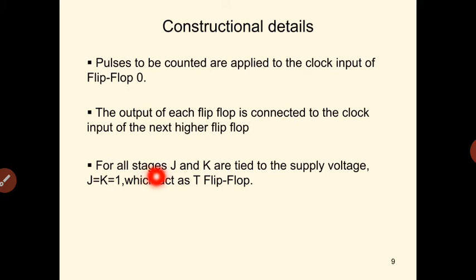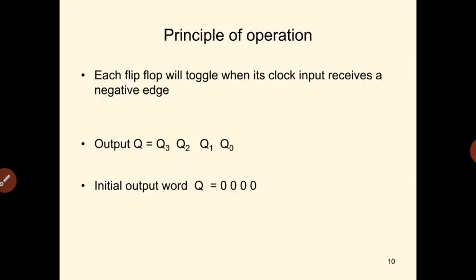For all stages, J and K are tied to the supply voltage, that is J is equal to K is equal to 1, which acts as a T flip-flop. T stands for toggle. So whenever J is equal to K is equal to 1, the JK flip-flop will be in toggling mode. Toggling mode means the present output will be equal to the complement of the previous output. So the principle of operation is like this: each flip-flop will toggle when its clock input receives a negative edge.